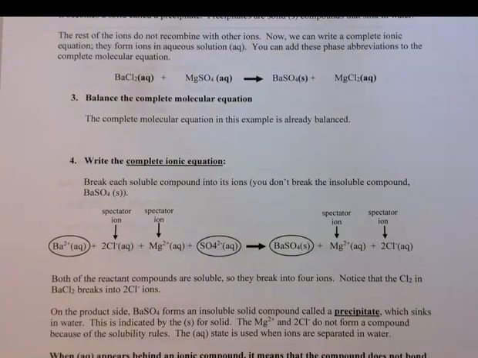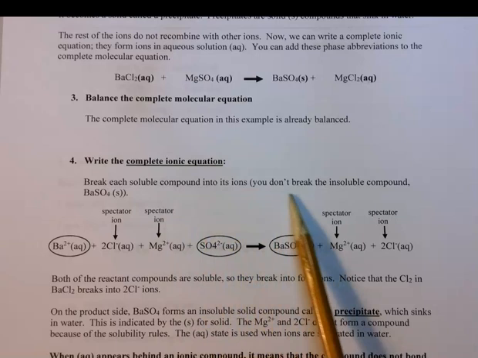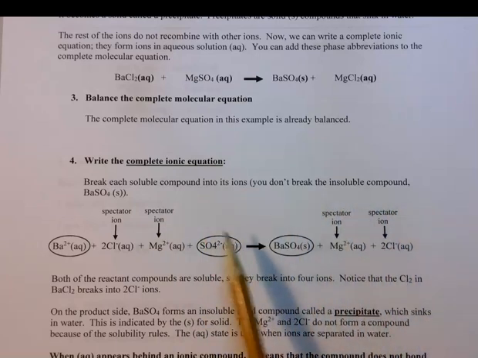So you've got plenty of space across your page for this. So what you do is you break each of the soluble compounds into its ions. You don't break the insoluble compound, in this case barium sulfate, into ions. So what we do is we can look at our periodic table of charges.